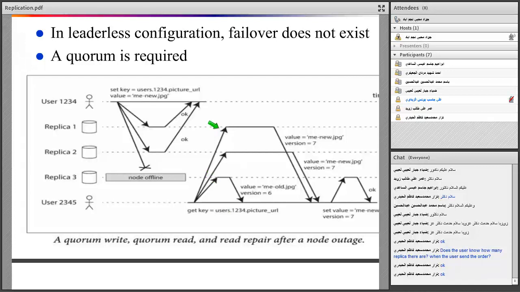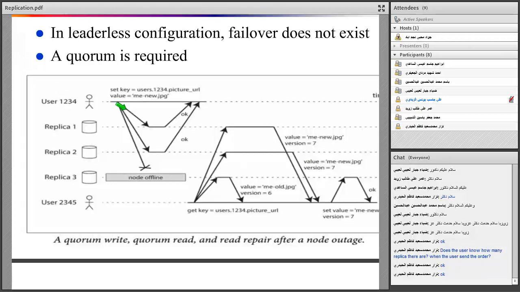Okay, so this request is sent to all 3 replicas, and replica 1 and replica 2 send the latest version. The latest version is version 7 for the image of user 1234.